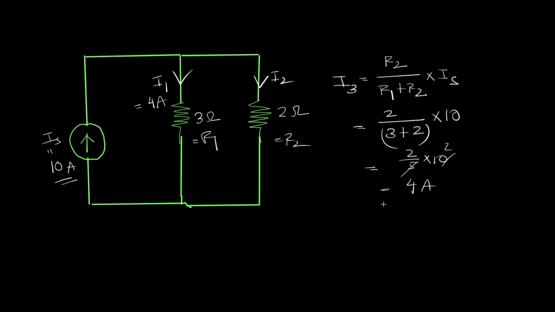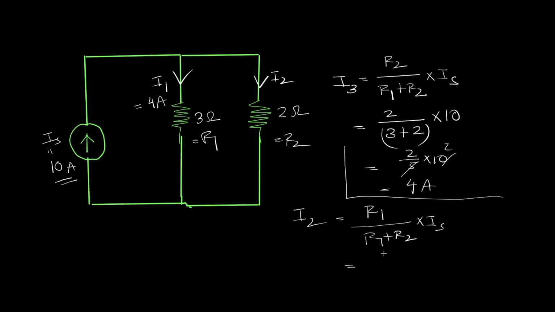Next I2, that means current flowing through the 2 ohm resistor, which is R1 by R1 plus R2 into Is. This equals to 3 by 3 plus 2 into 10, which will give you 6 ampere.